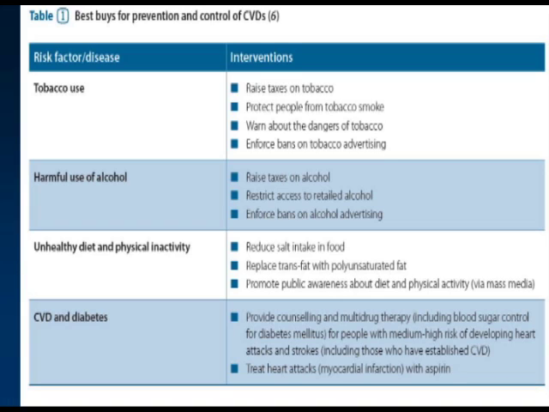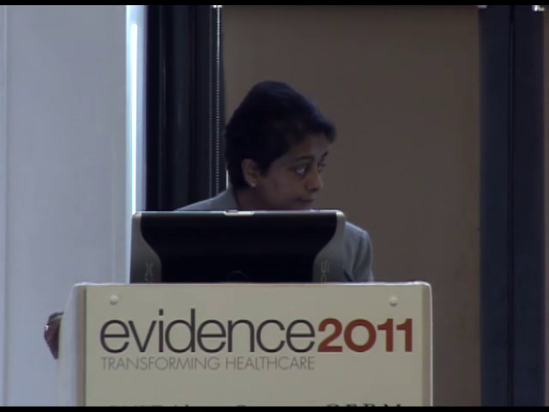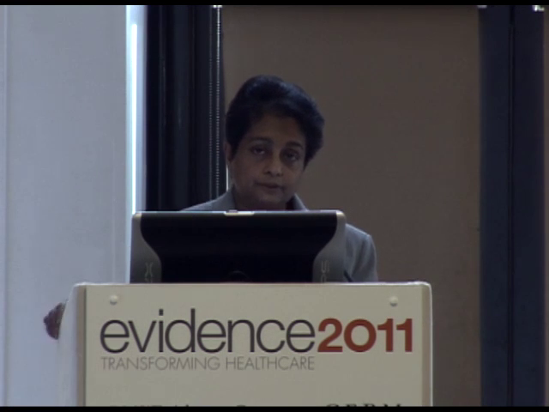And then for cardiovascular disease and diabetes, providing at least 4 medicines for people with high risk, and also for people who have already had heart attacks and strokes. And there were 2 interventions also for cancer: hepatitis B vaccination and screening for cervical cancer, which is not shown here in the slide. So 14 interventions.